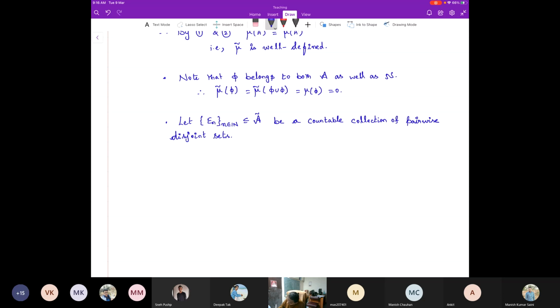Now for each n in N, there exists A_n in A and F_n in script N such that E_n can be written as A_n union F_n.